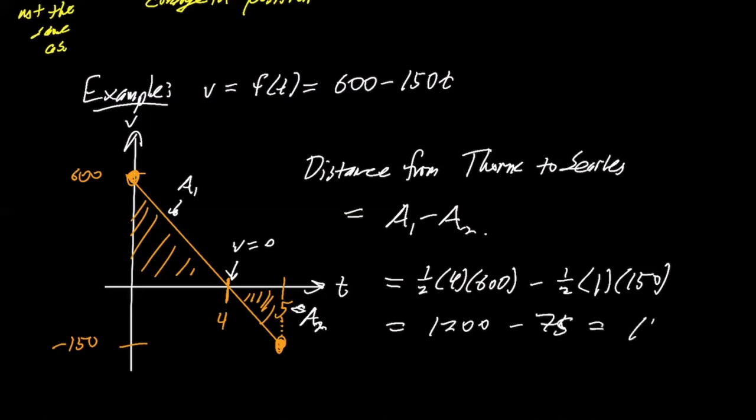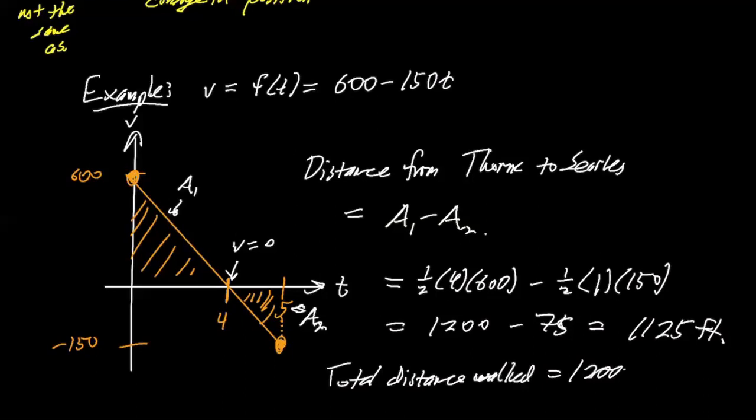And so it's 1,125 feet. Okay, so that is the distance from Thorn to Searles, but the total distance walked is 1200 plus 75, so minus 75 becomes plus, so that's 1275 feet.